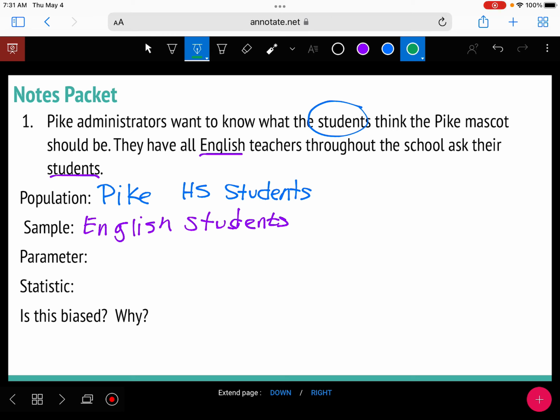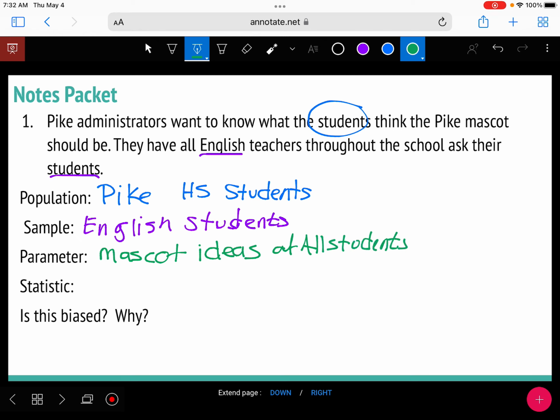What is the parameter? What is it we want to know? This is who we want to know about, and this is what we want to know. What do you think about the mascot? Of all students.